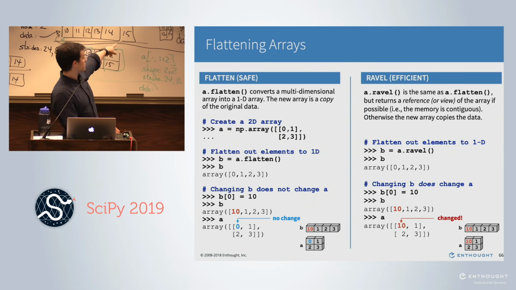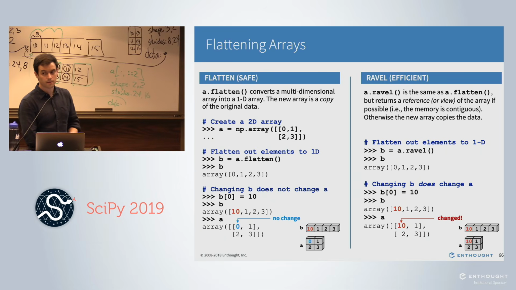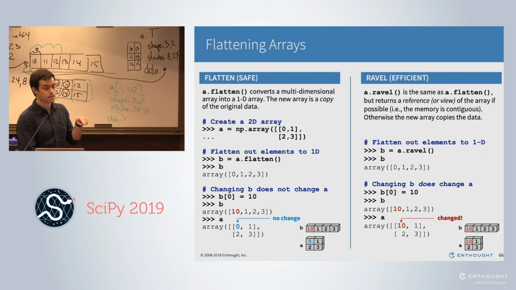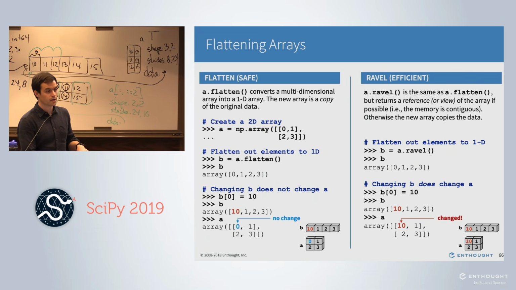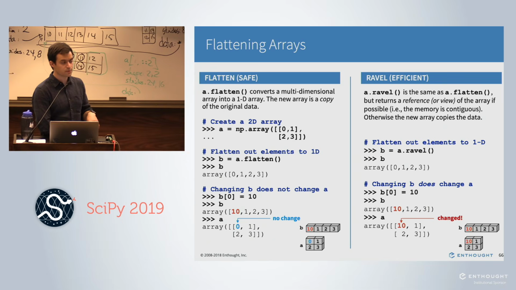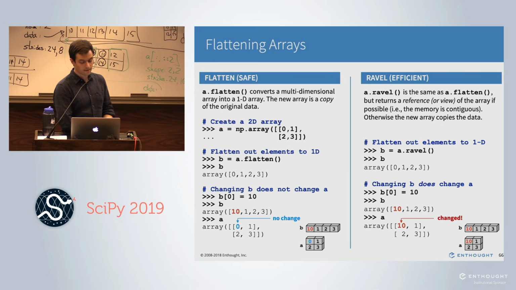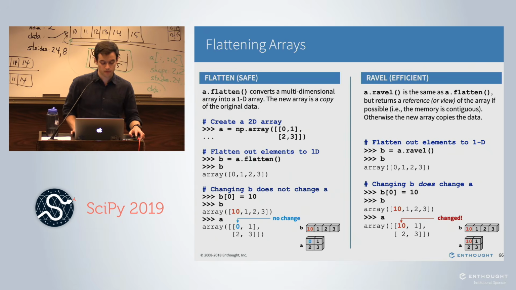But once I've transposed it in the upper right, that ravel is going to give me a copy because 10 is not next to 13 and 11 is not next to 14. So that will give me a copy. The difference between the two is the source of sometimes some strange bugs and also performance issues. So it's good to know about both.